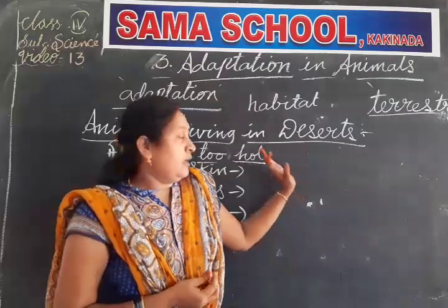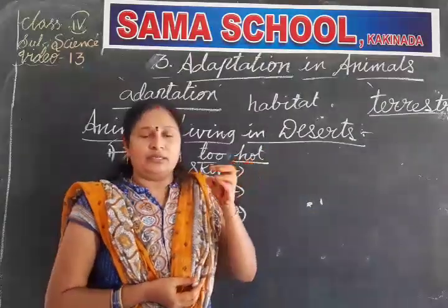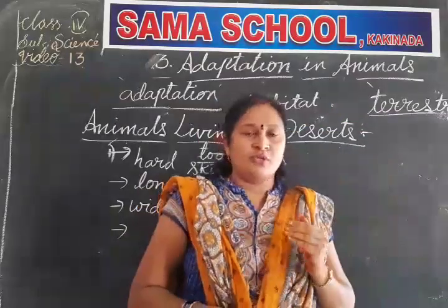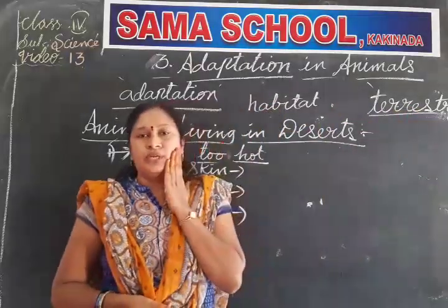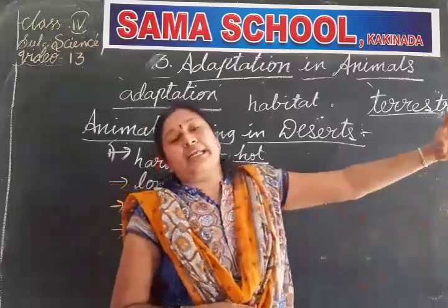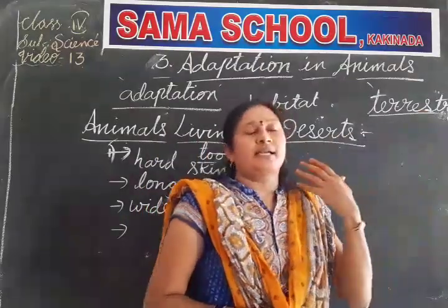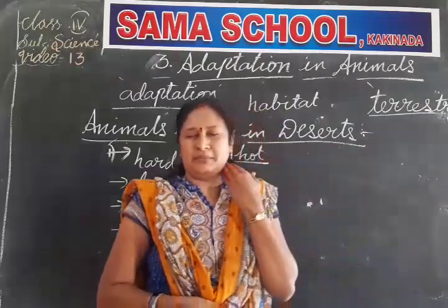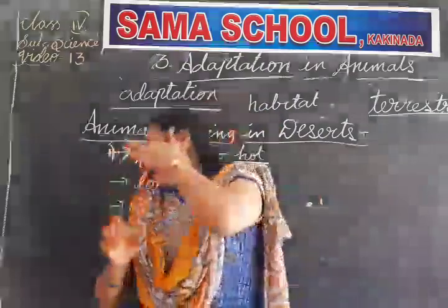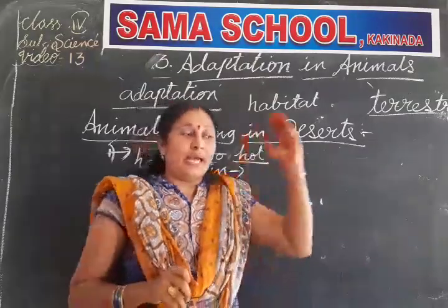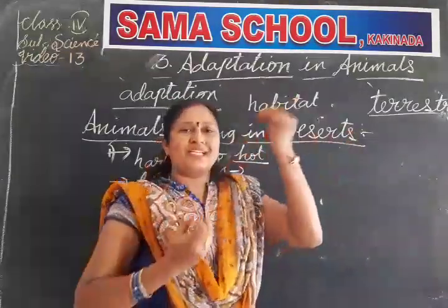Already we told that in the desert we get a lot of storms. Whenever hot storms come, the sand immediately flows away. If suddenly in our surroundings a hot storm comes, what do we do? Immediately we close our eyes like this. Isn't it? We get some dust particles.